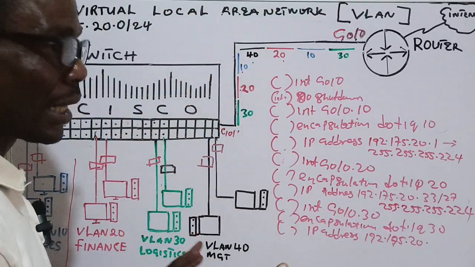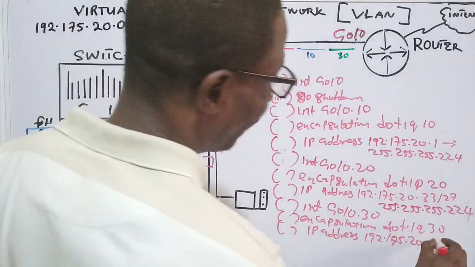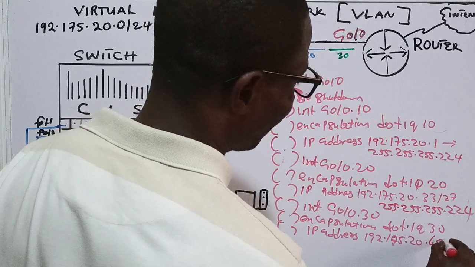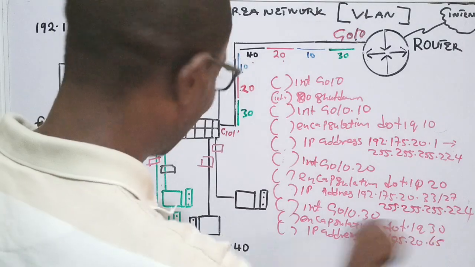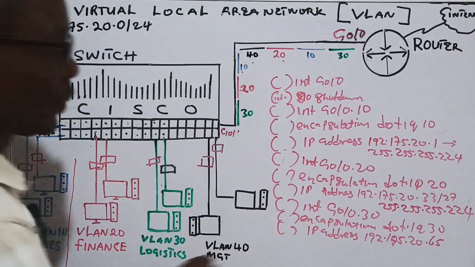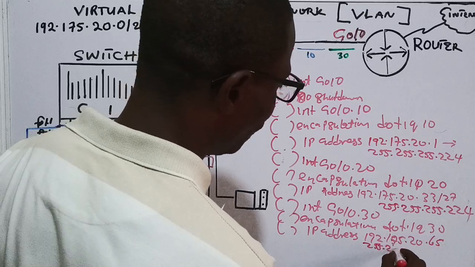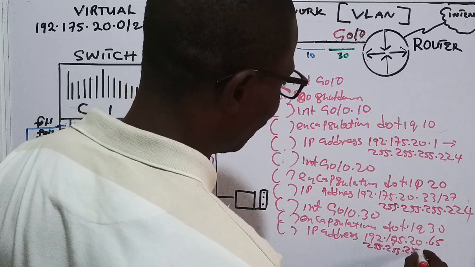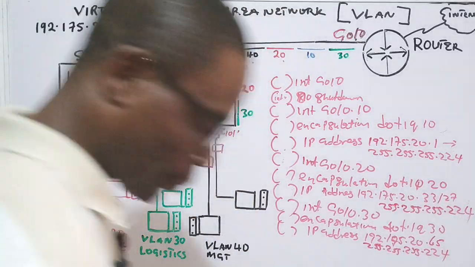Remember, I'm in another subnet now. The next subnet is supposed to start at 64, and the first address there is 65, which is the default gateway for this VLAN 30. And you put 255.255.255.224. You hit enter.